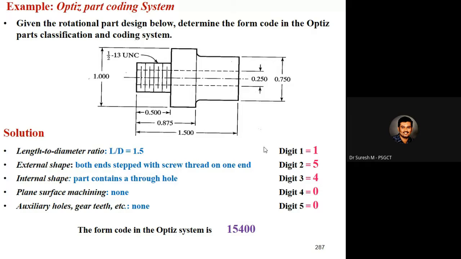Internal shape is a part containing a through hole, so digit 3 we can take as 4. Plane surface machining is none, so we take 0. There is no auxiliary hole, gear teeth, etc., so we take that as 0. So the form code for this particular geometry, based on the Opitz classification system, is 1500.